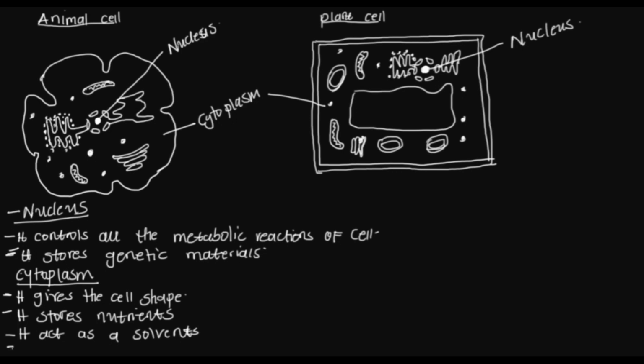So some of the nutrients, for them to move from the area where they're manufactured to the area where they are needed, they need a medium in terms of transportation. So the cytoplasm will act as a transport medium for nutrients.